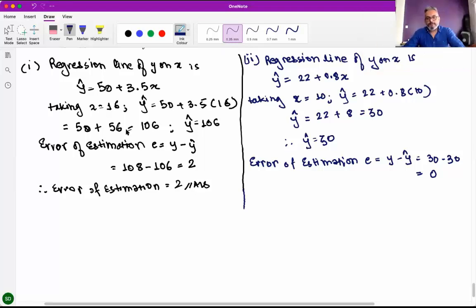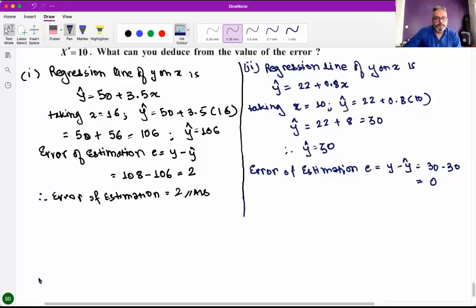Now, in the first one, let me take the black color. Now, this is the y-axis, this is the x-axis.